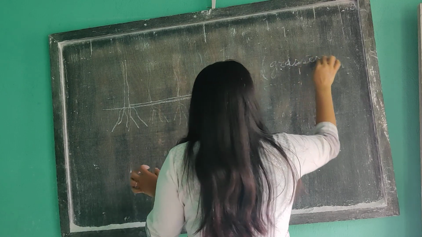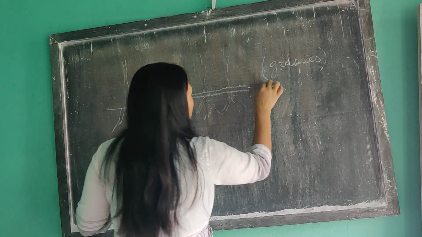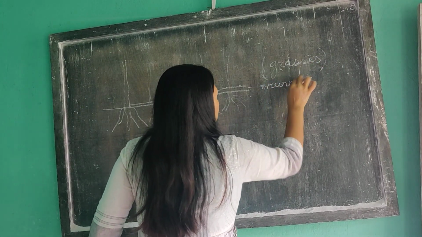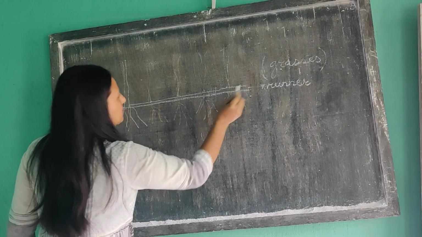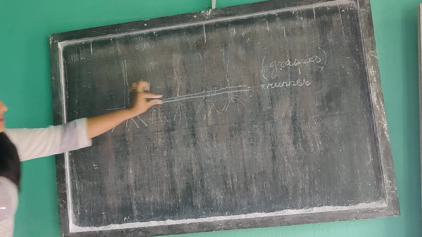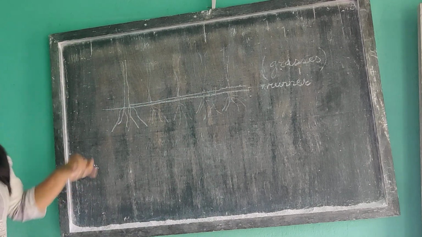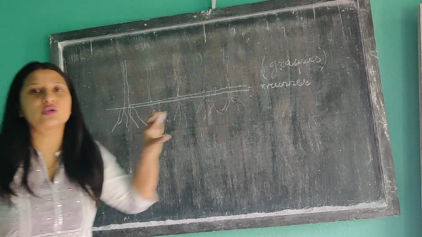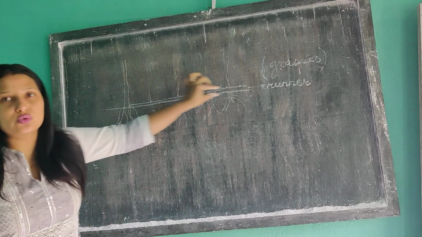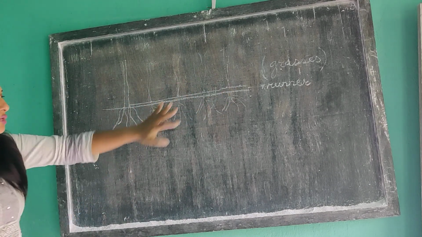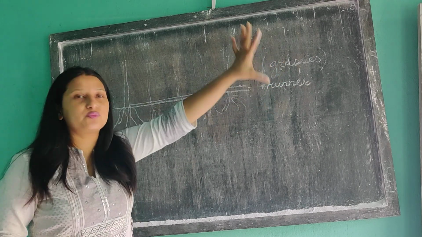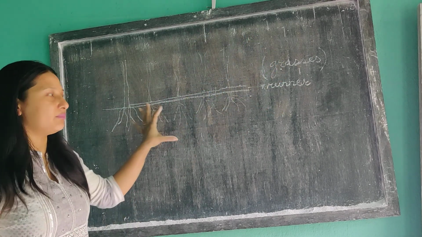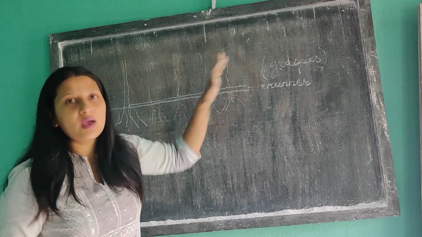This stem is known as a runner. Runners are stems that run horizontally just above the surface of the ground. This is the first type of vegetative propagation by stem, and it occurs in grasses.